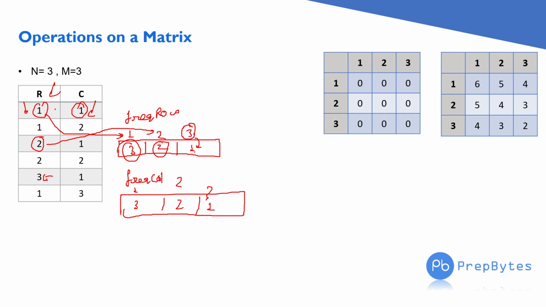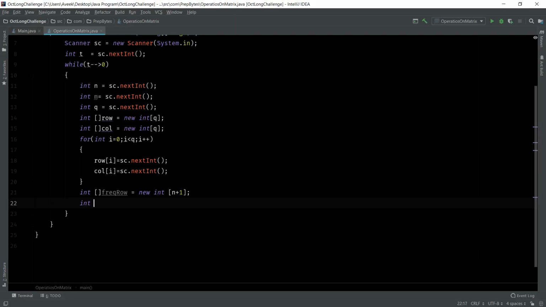It is not 0, 1, 2. We need exactly the index 3, therefore n plus 1 size, which is greater than what is actually needed. Now int frequency column. Row is over, so frequency column equals new int of size m plus 1. It was n for row, and for column it is m.